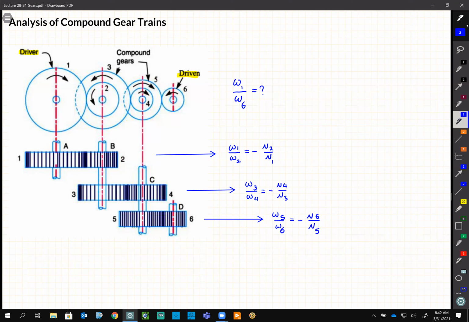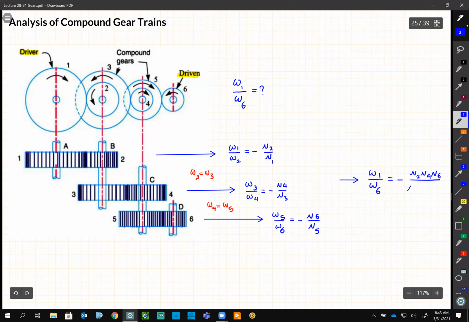And also I have some extra information here: omega 2 is equal to omega 3, and also omega 4 is equal to omega 5. Super simple, right? So multiply all of them, do the math, and it's going to be 2, 4, 6 over 1, 3, 5. Again, the same patterns. See the odd numbers at the bottom, with omega 1. Just a way to check.